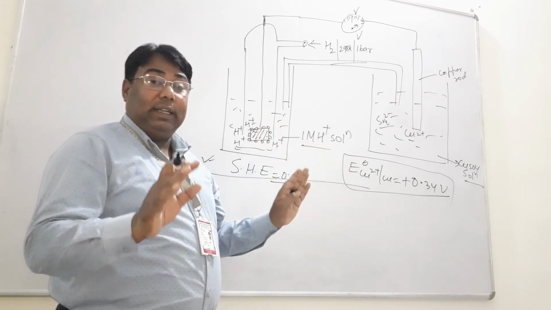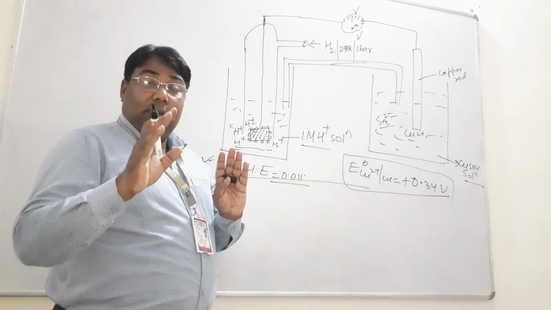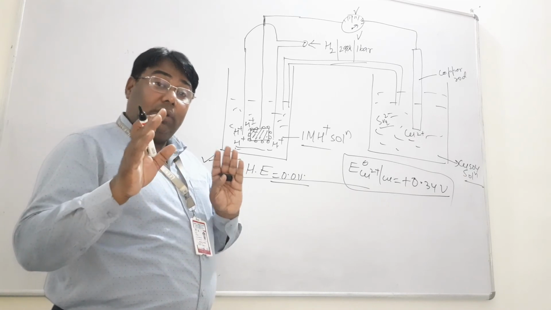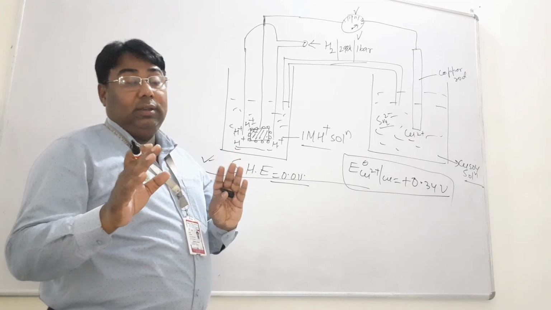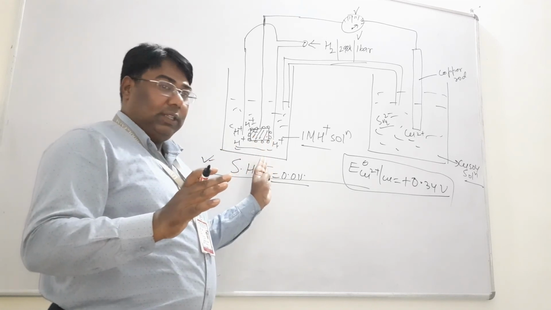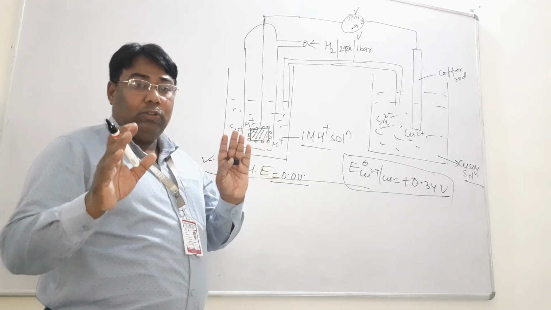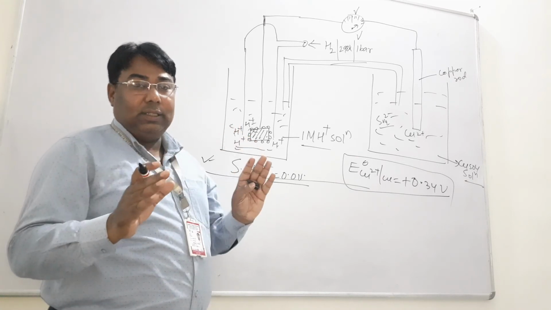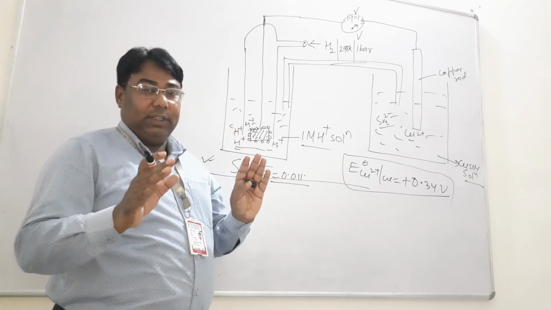So the standard reduction potentials of all electrodes are determined, and all the magnitudes are determined on the basis of SHE. Please understand the concept, importance and significance of SHE.